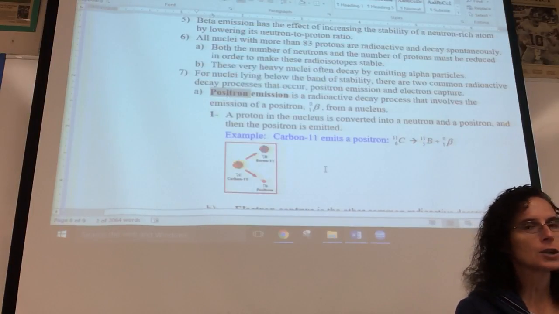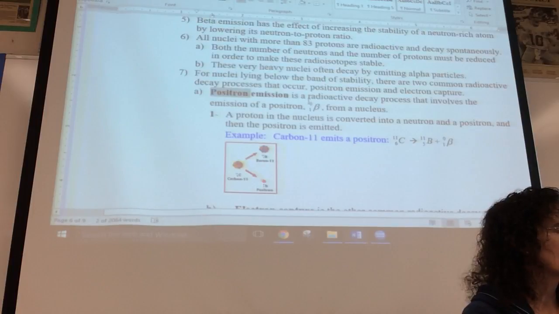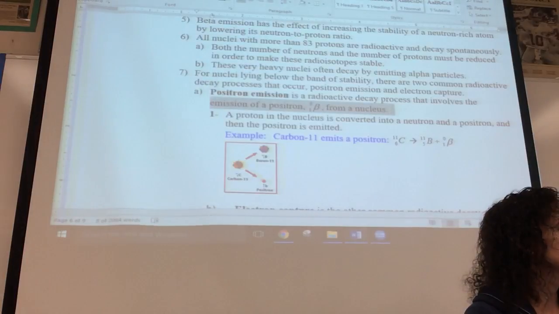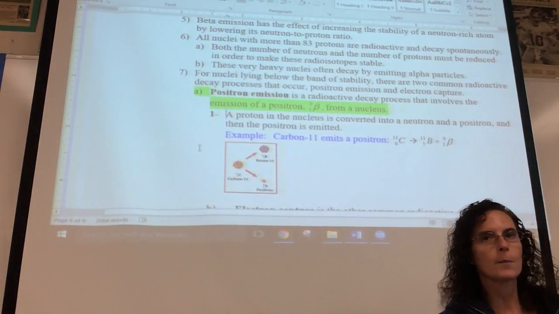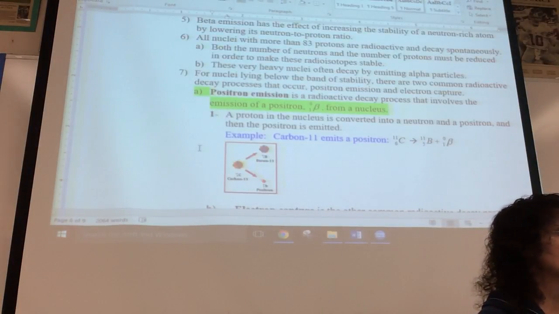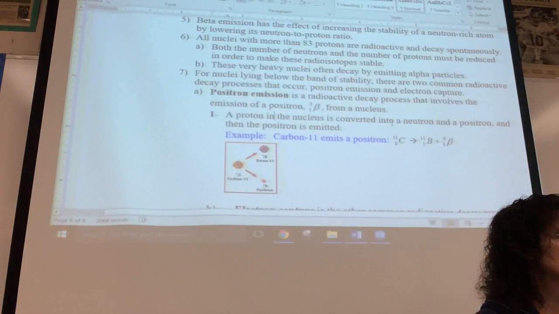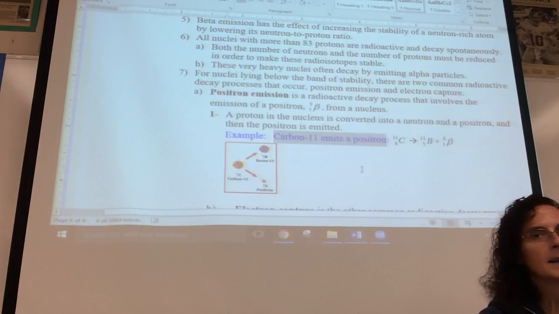A positron looks just like a beta particle, except how does a positron, looking at it, differ? How does a positron differ from a beta particle, Josh? Positive one instead of negative one. If you're emitting it, it's still going to be on the right side of the equation as we talked about previously. So here it says carbon 11 emits a positron.